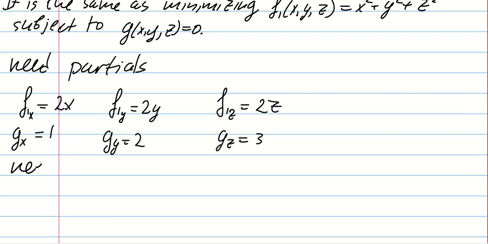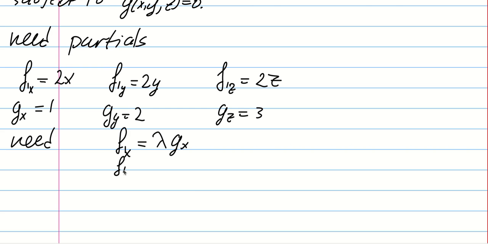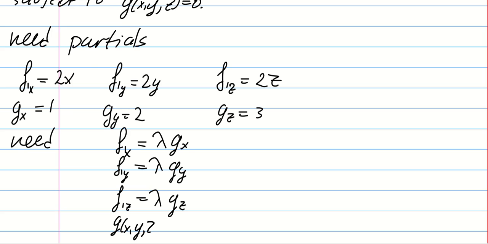All right, what else do we need? We need f1 sub x equal to lambda g sub x, f1 sub y equal to lambda g sub y, and f1 sub z equal to lambda g sub z, but also the last part, which is g of x, y, and z equal to 0. So we have this system as our setup.